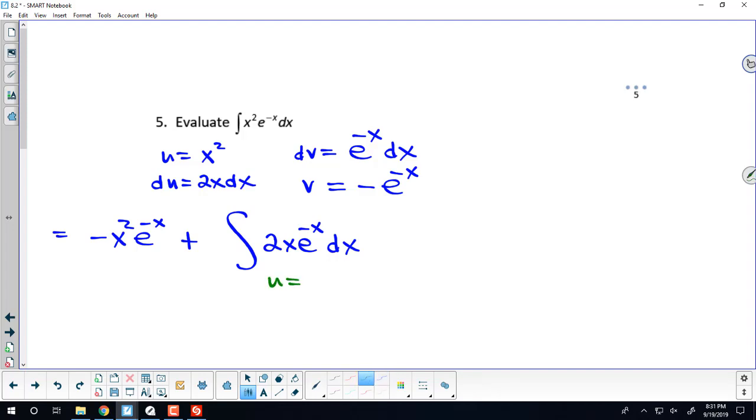Once again, u is our algebraic, dv is our exponential. du is 2dx. And v, again, is negative e to the negative x.